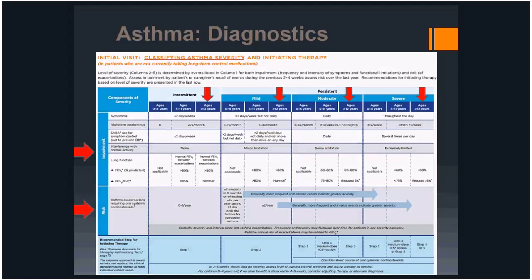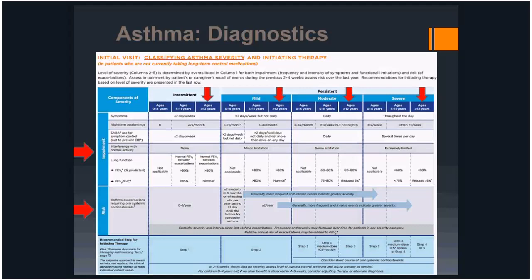And so you would determine, does this patient have more mild persistent, moderate persistent, severe persistent, or does this patient have intermittent asthma severity? So this is how you determine asthma severity.